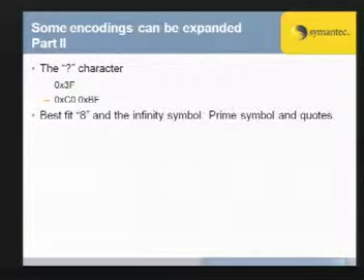What best fit does is, whenever a character is not present in a certain code page, it will use whatever is more, how can I say, similar to that character. So for example, for the infinity character, it would translate to 8 because it thinks it's kind of similar. For the prime symbol, it would actually translate to the single quote, which could be a problem for SQL injection. So you have to be really careful when you're working with all this encoding.